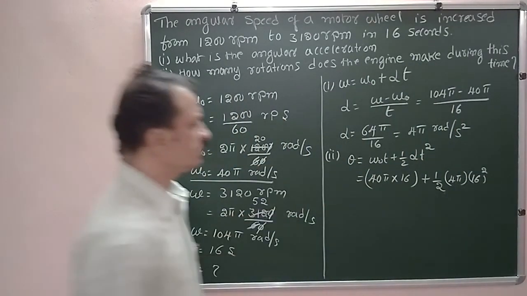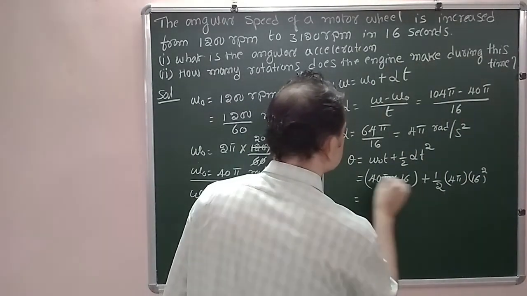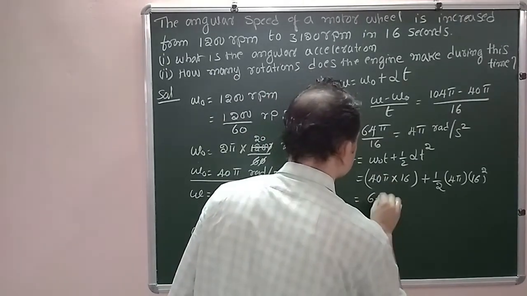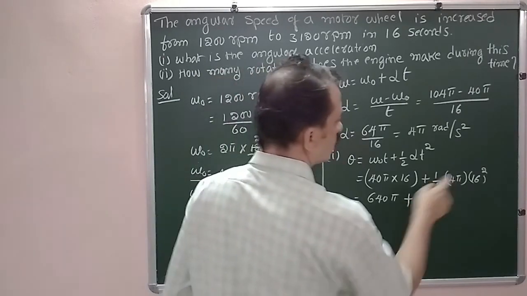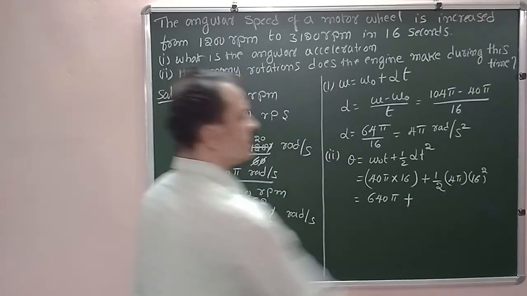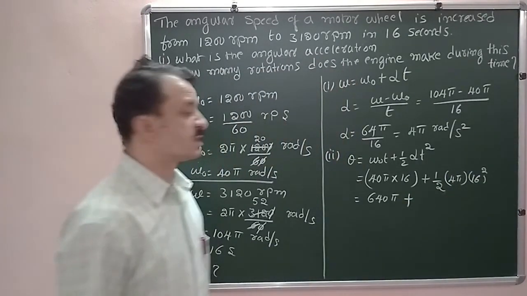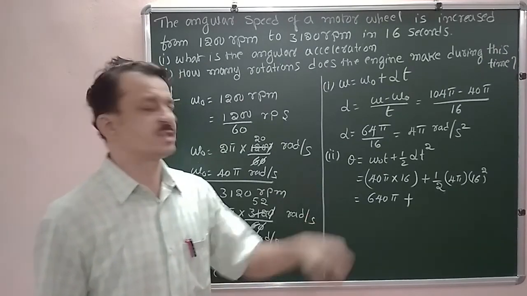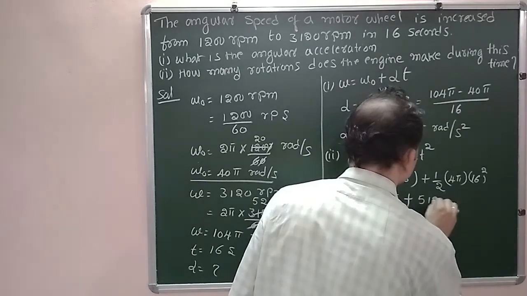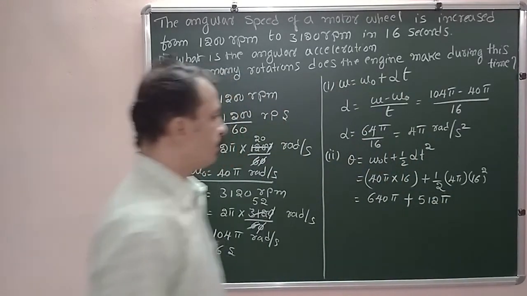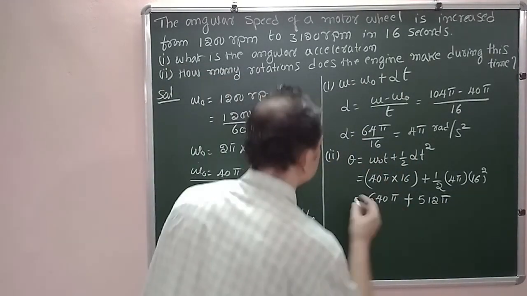Okay, simplify that. 40 into 16 is 640 pi, plus the half and 4 cancel to give 2 pi. 16 square is 256. 256 into 2 is 512 pi. Now add them.